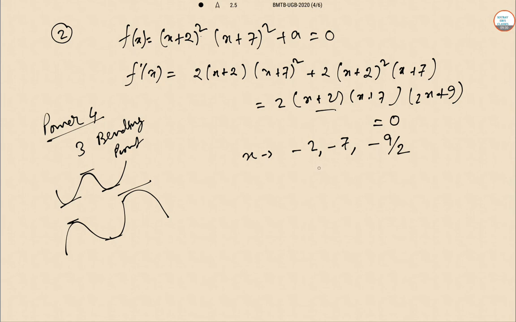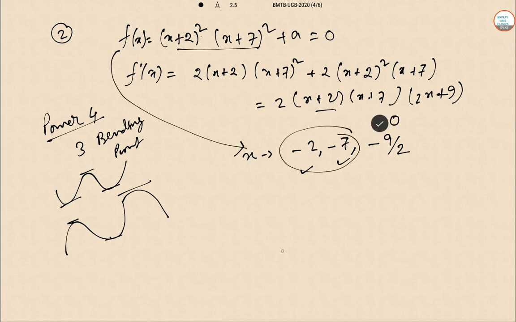So x equal to minus 7 and minus 2 are the roots of the equation g(x) equal to 0. So for this equation f(x) we get the roots. These are the roots of this given equation. The equation has 2 roots, so double roots are done. Now the value minus 9 by 2 is the root of the derivative equation.